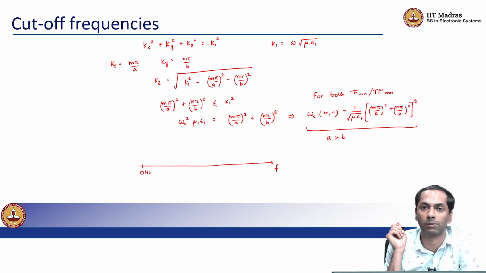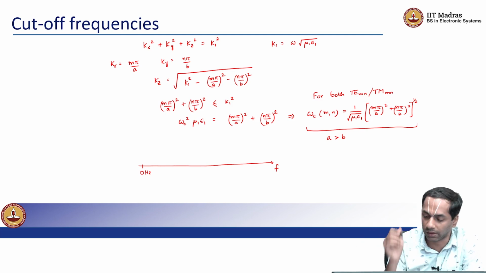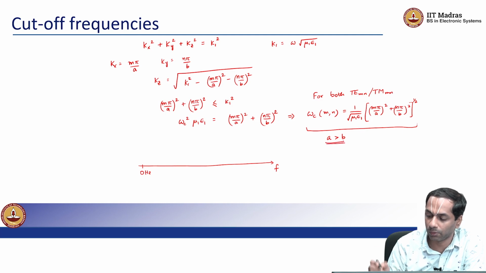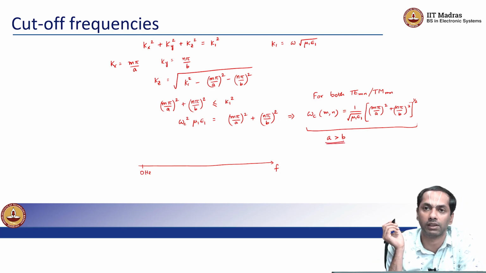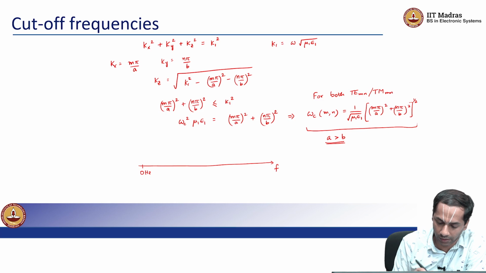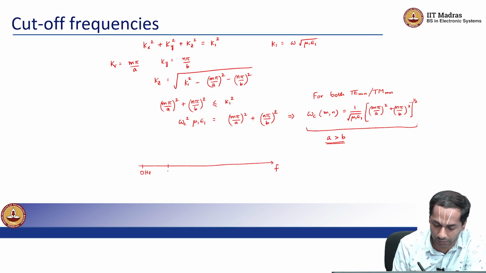So if I were to compare between TE10 and TE01, m being 1 and n being 0 will give rise to a smaller cutoff frequency, right. So in this scenario where I have assumed a is greater than b, the first cutoff that we would see is for that of the ordering 1 comma 0, and you would call this the TE10 mode, right.